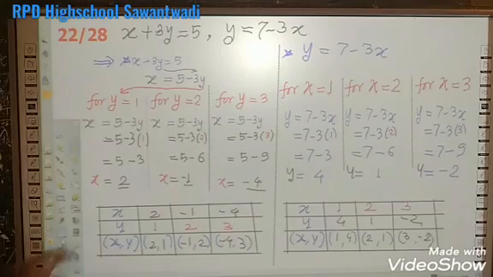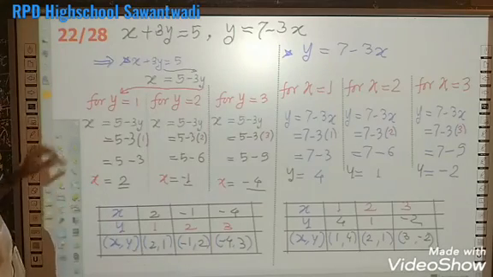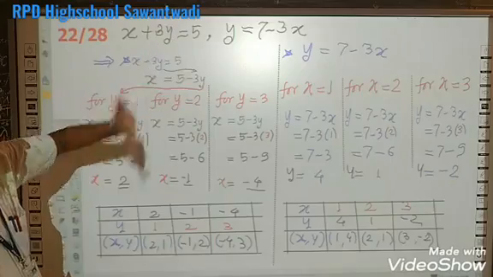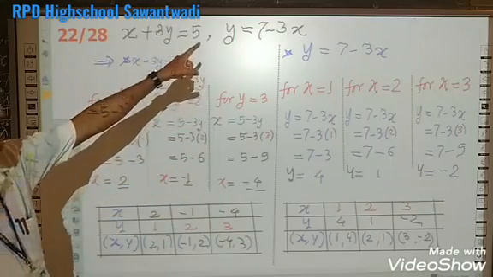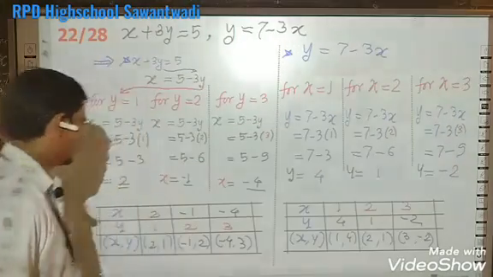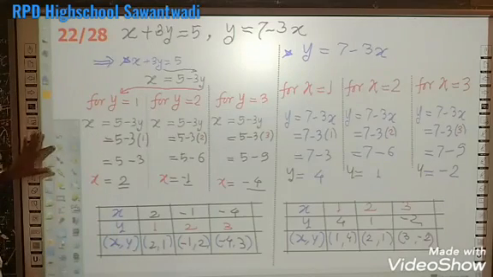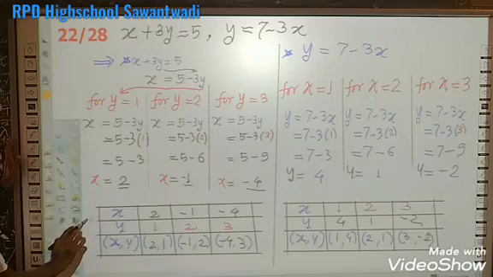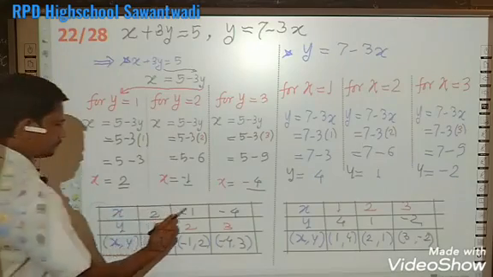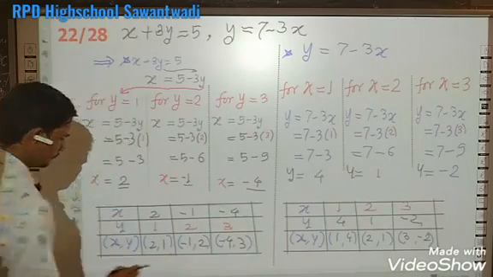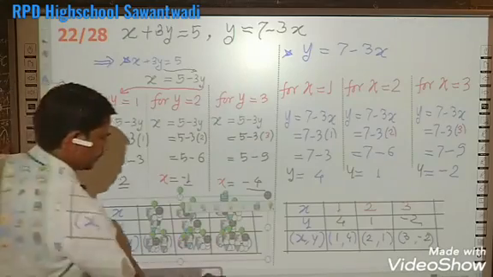Now it is very easy after receiving these two tables. See, this is a table of x plus 3y is equal to 5. That is a table of y is equal to 7 minus 3x. Now this both the table you will have to plot on graph paper. What I will do, I will select this both the table. This is the first table.